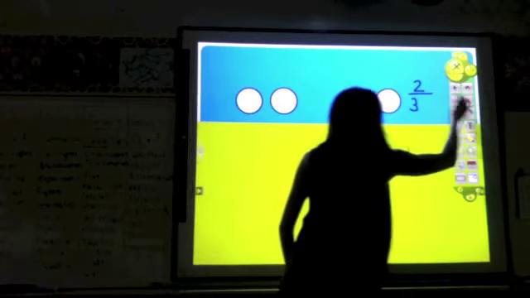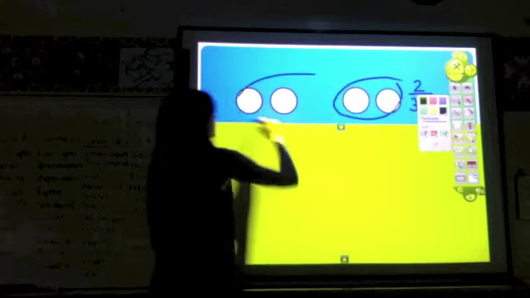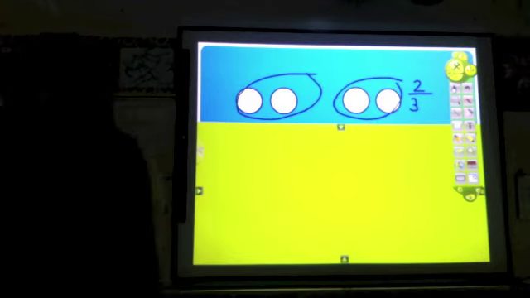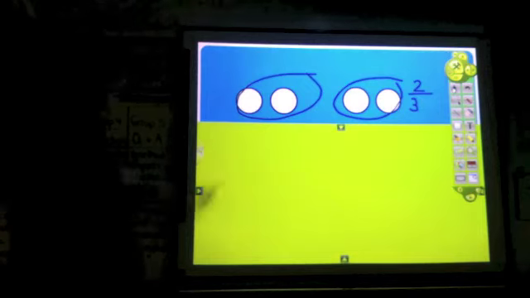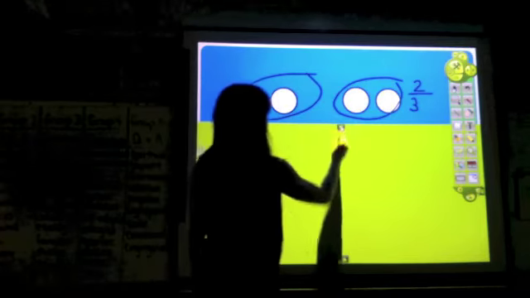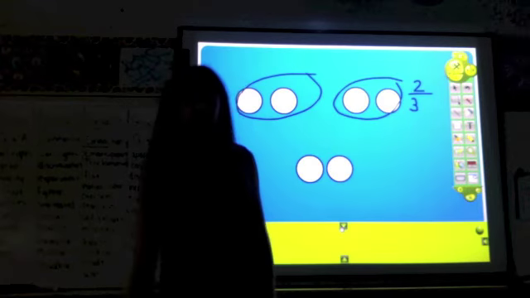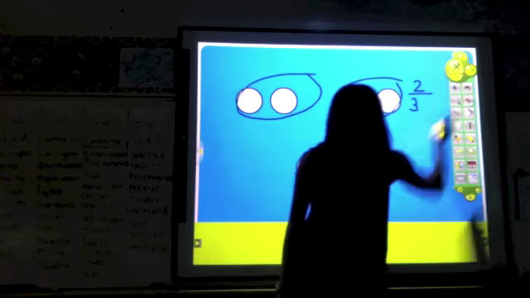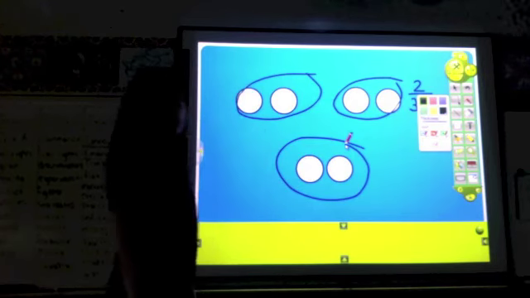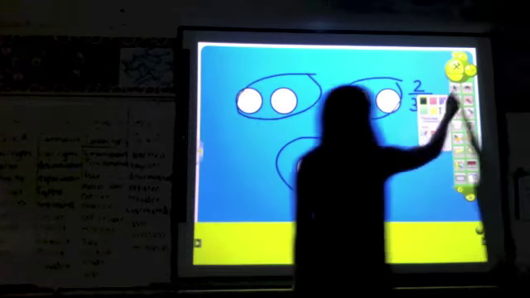So this is 2 out of 3 groups. So I know that I need 1 more group of 2 to make my whole. So if I added 1 more group of 2 to this, my whole would be 6 counters. I have 3 groups of 2, and when I add all of those together, that equals 6 counters.